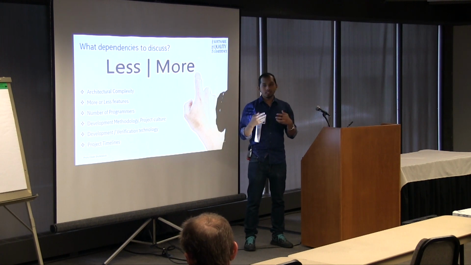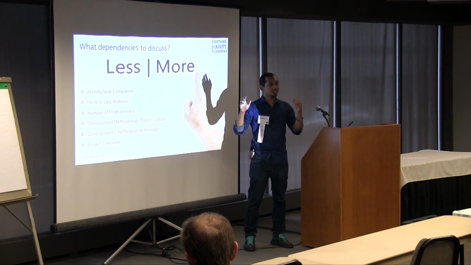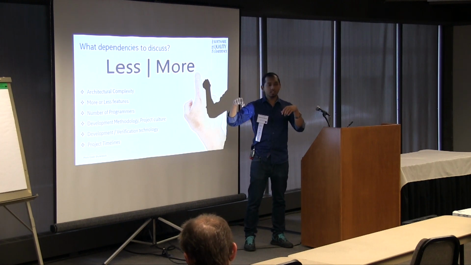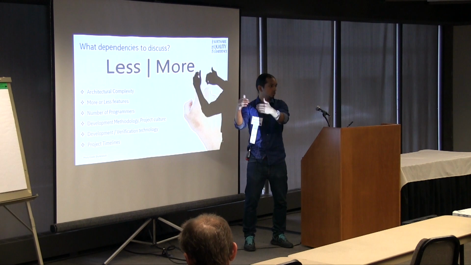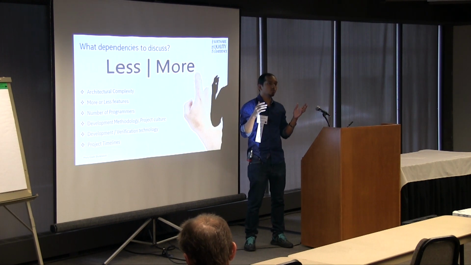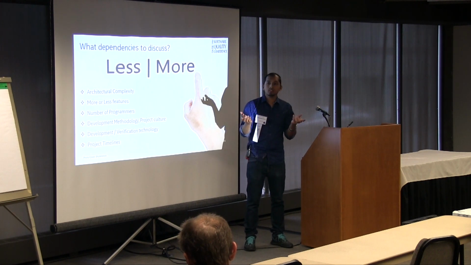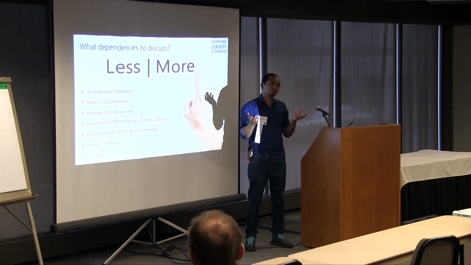And one thing we need to consider here is that we are not quantizing anything. We are not saying that this much increase in features leads to this much. It's a very vague term, like it's more complex or it's less complex. It's up to the architect to say the complexity.